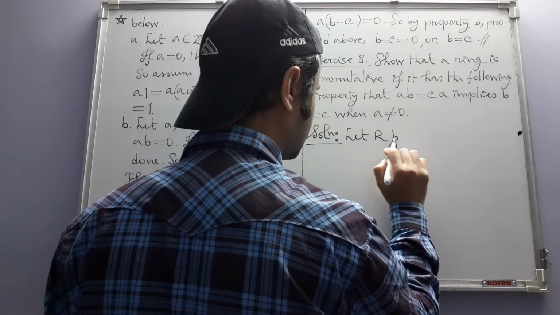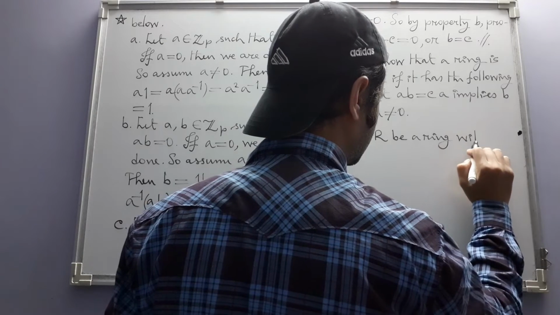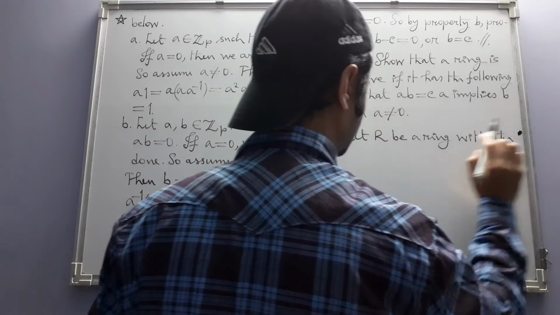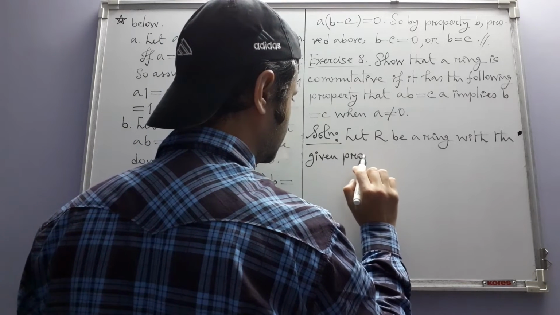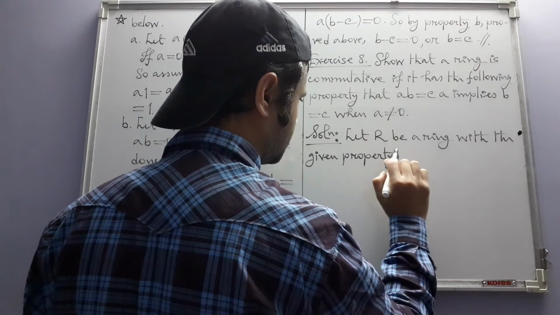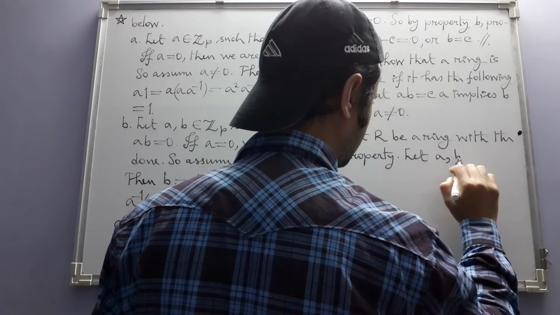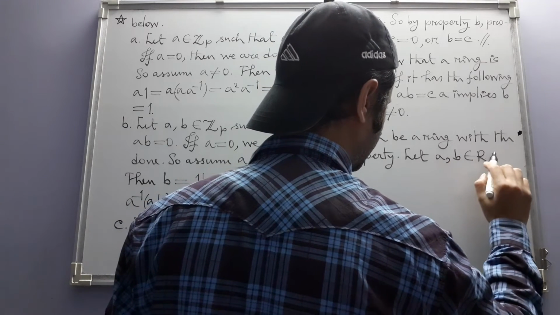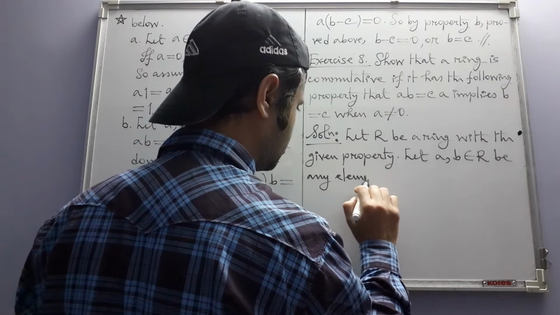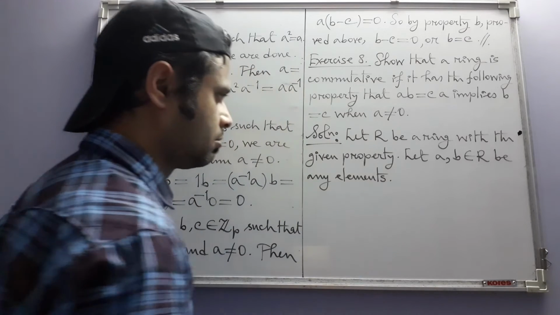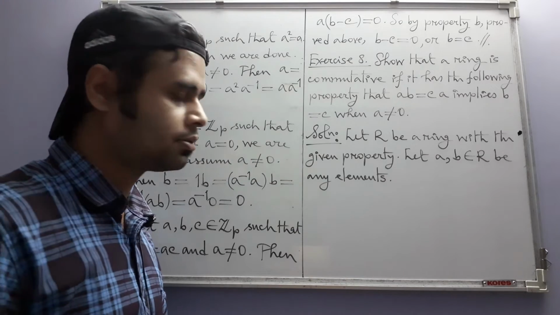Let R be a ring with the given property. Let A and B be any elements in R. Our aim is to show that AB is equal to BA.